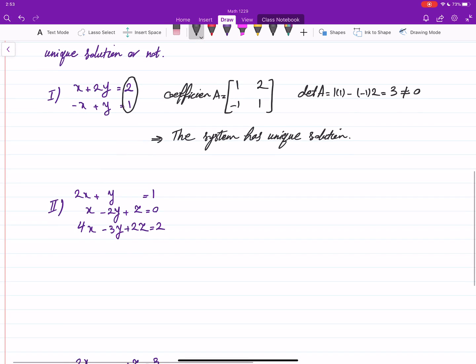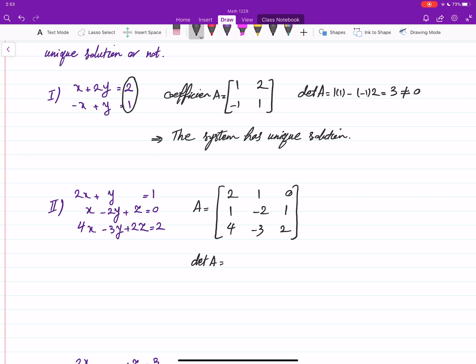How about this one? Again, we have to find the coefficient matrix, 2 1 0 1 negative 2 1 4 negative 3 2. And then we have to find the determinant of this matrix.